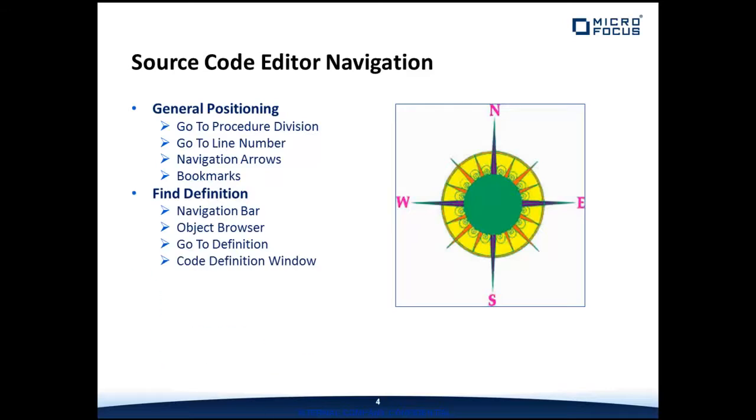Find definition features allow you to position to the source line on which a data item, data file, or procedure name is defined. Find references features allow you to list all source lines on which a particular data item, file, procedure name, or string is referenced, modified, or defined. Let's take a look at some of this functionality.